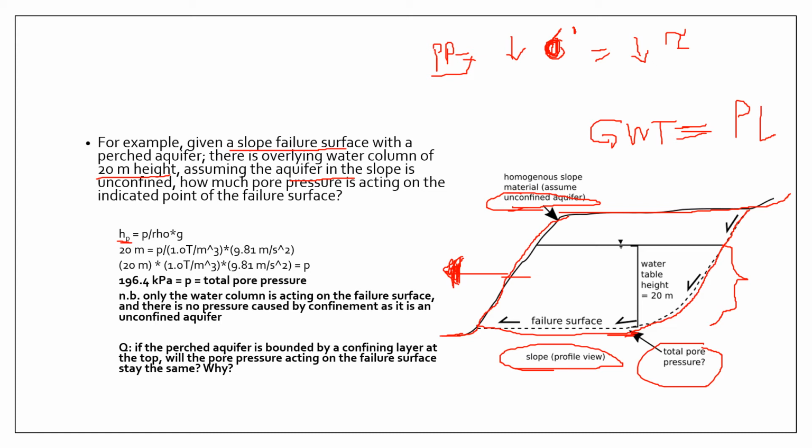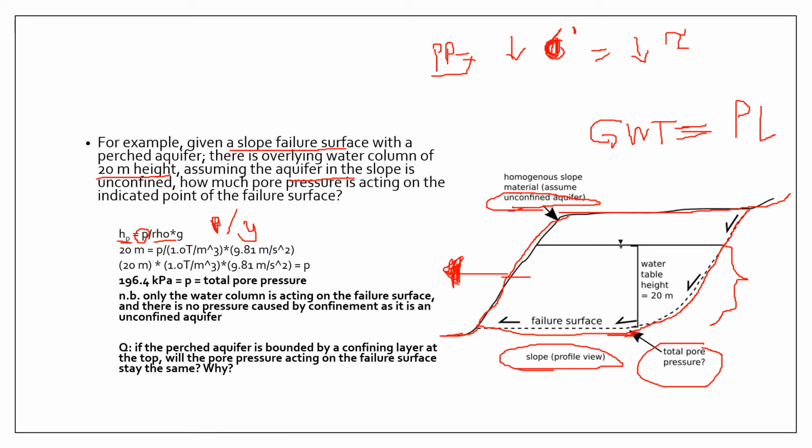Hydraulic head is equal to pore pressure divided by the quantity of density of water times gravity. So, P divided by gamma, or P divided by unit weight.